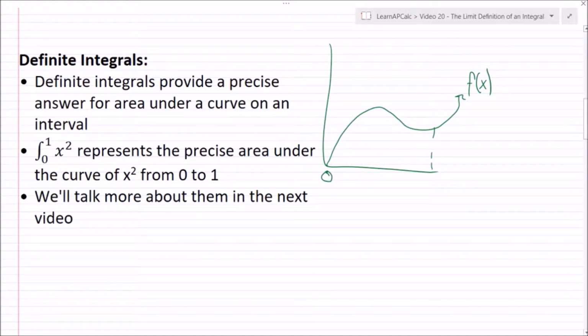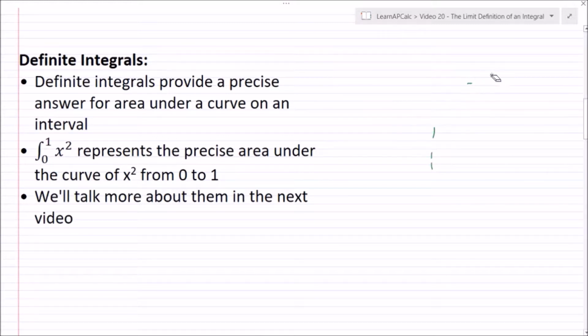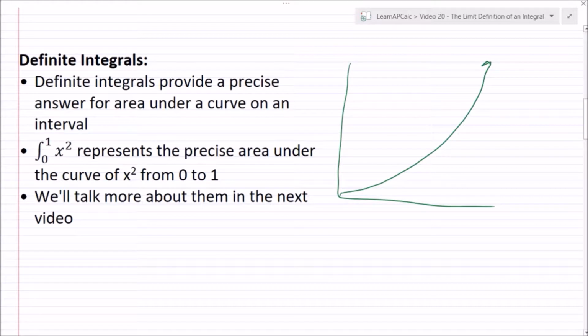So let's say we had y equals x squared, and I want to find my area from 0 to 1. I can do the trapezoidal rule, I can do left Riemann sums, right, midpoint, what have you.